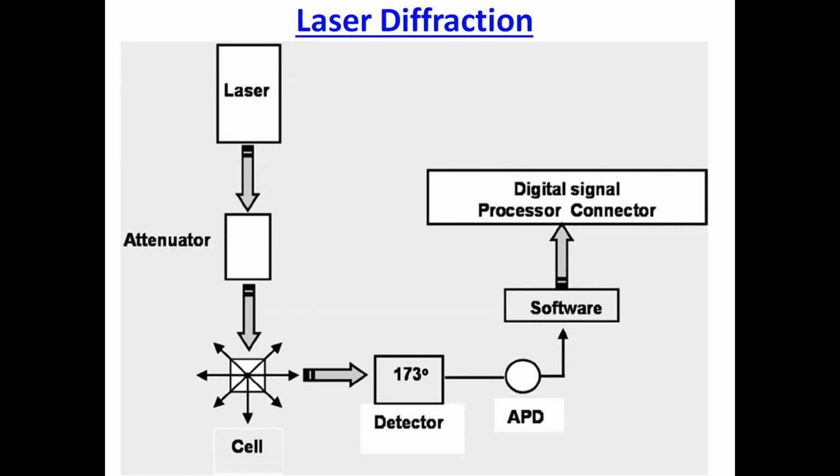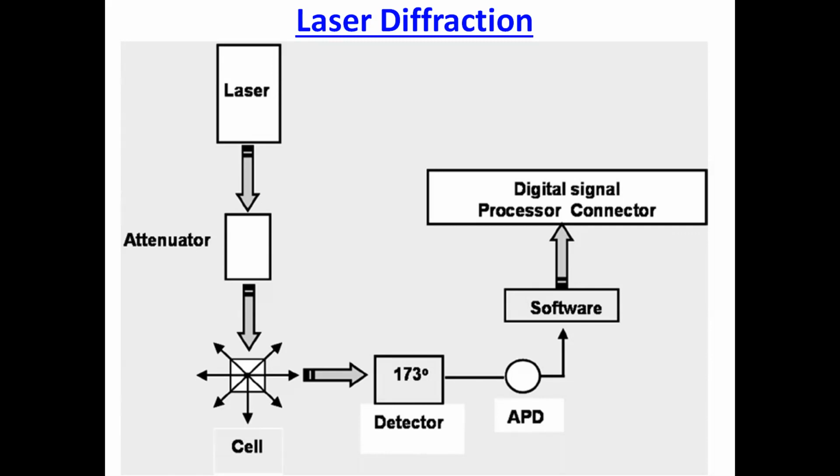And when it comes onto the cuvette or cell where you have your sample, then as per the size of the particles, diffraction of light will take place. There will be different detectors placed at different angles, particularly a detector placed at a 173-degree angle.